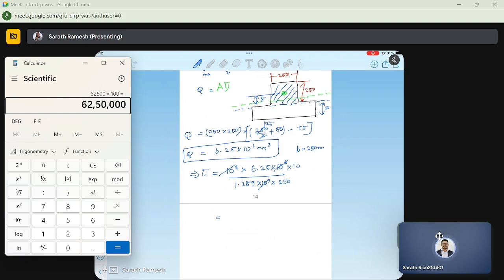So 62.5 divided by 250 into 1.289, which gives 0.194 megapascal.